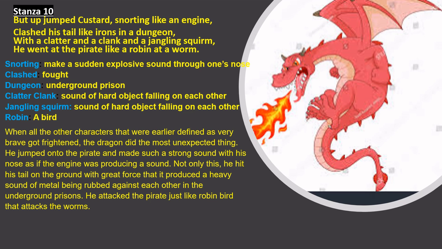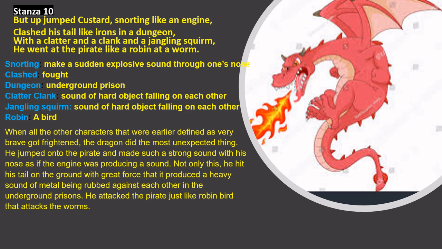He jumped onto the pirate and made such a strong sound with his nose as if an engine was producing a sound. Not only this, he hit his tail on the ground with such great force that it produced a heavy sound of metal being rubbed against each other in underground prisons.